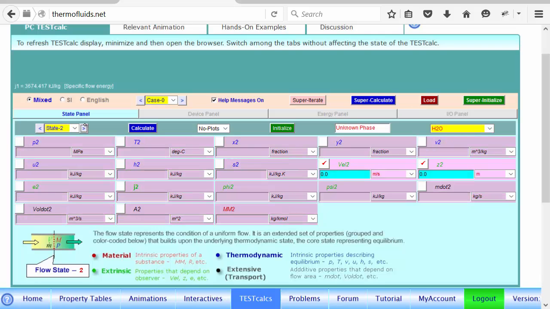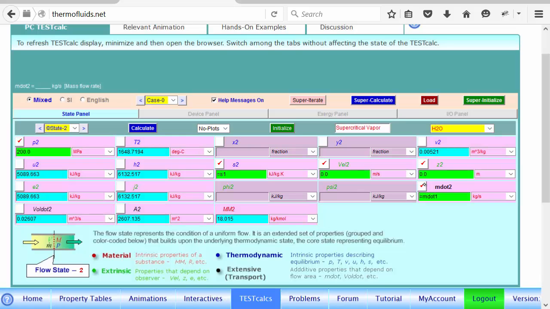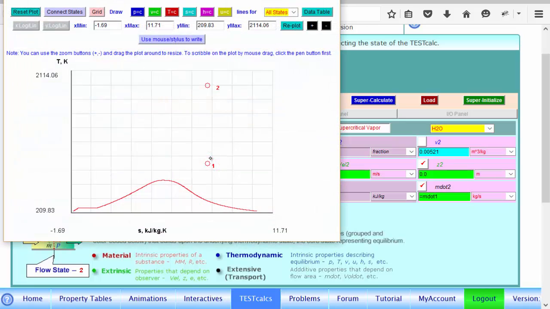State 2, pressure is supplied, and we know it's isentropic to state 1 for an ideal turbine. S2 equals S1, and of course mass flow rate is the same. Notice I always use equations as much as possible instead of hard numbers. Now, it's always a judicious thing to do to draw the TS diagram as soon as you calculate states to make sure things make sense.